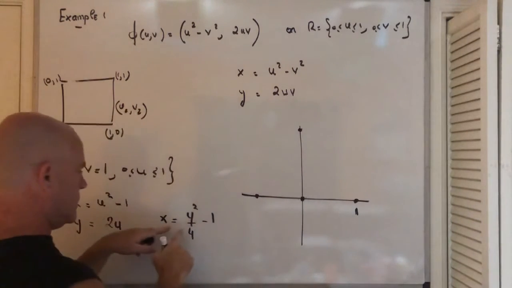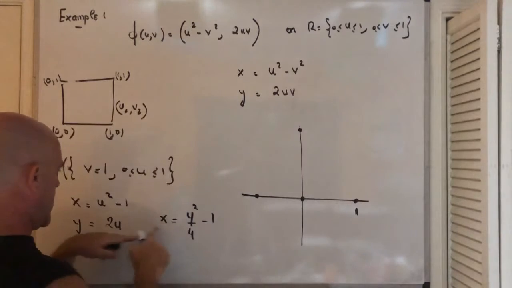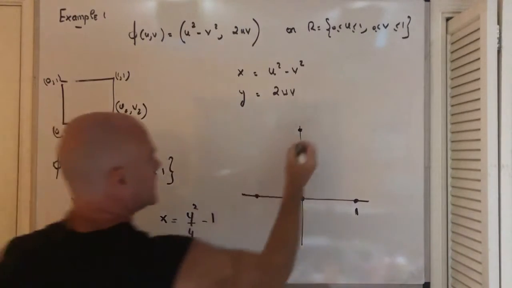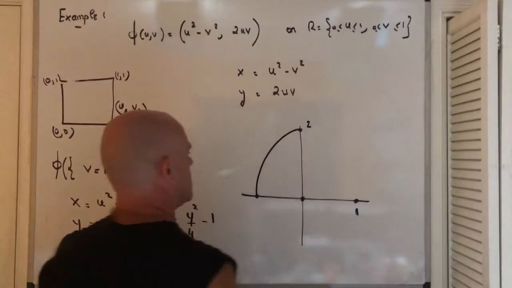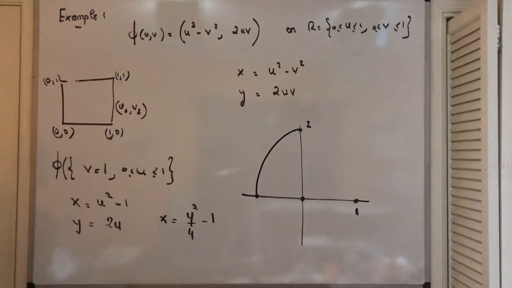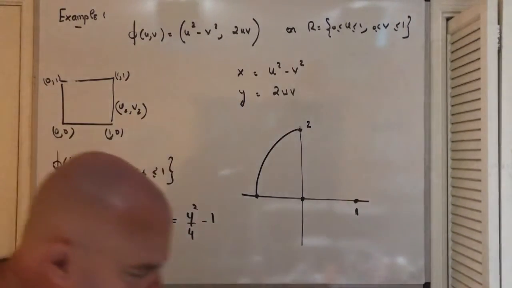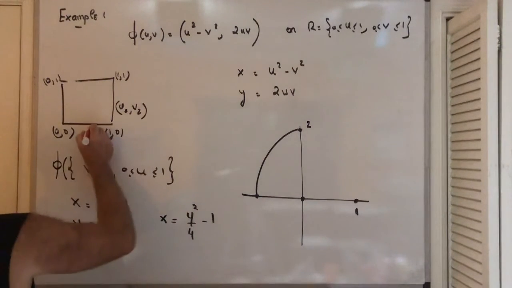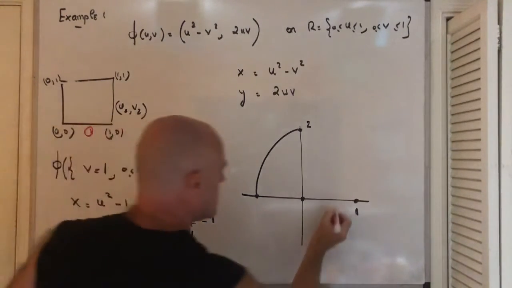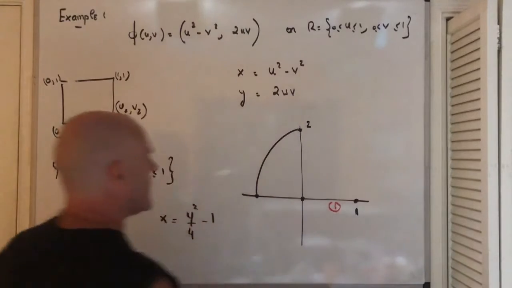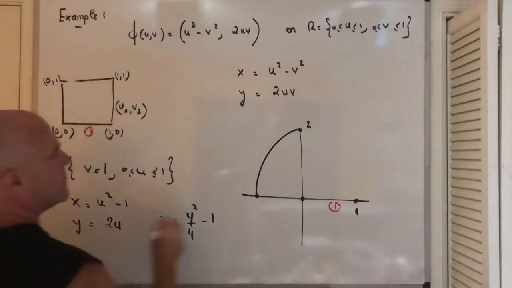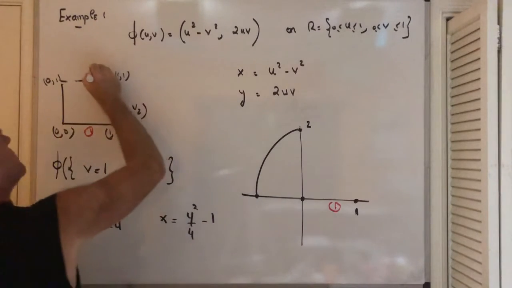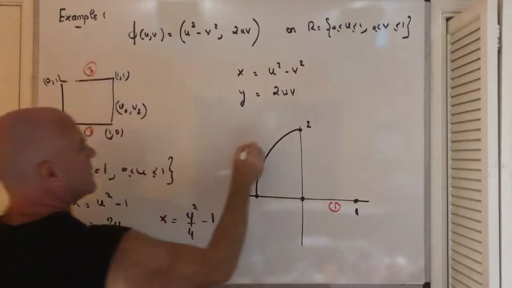And when u is equal to 1, we have y equal to 2. So this is a curve, let's say like this. This is the image of the boundary. So maybe I should put red lines. So side 1 is mapped here. This side here, let's call it 3, is mapped here.